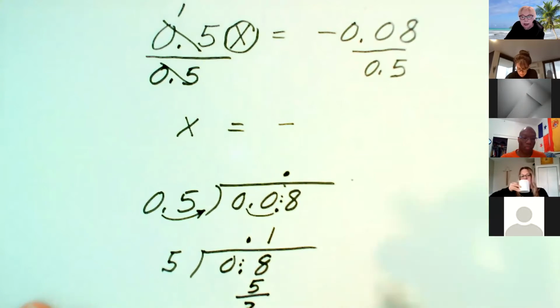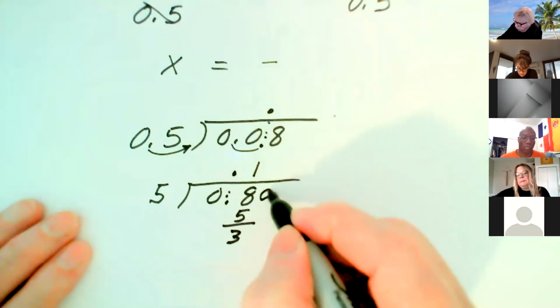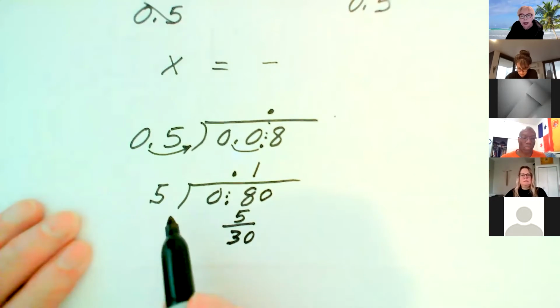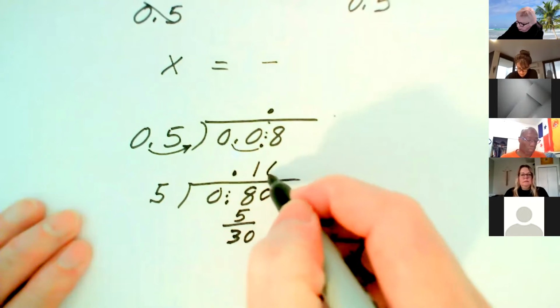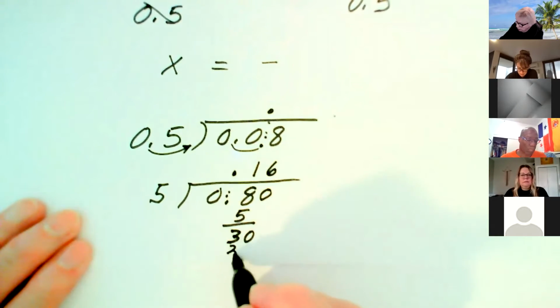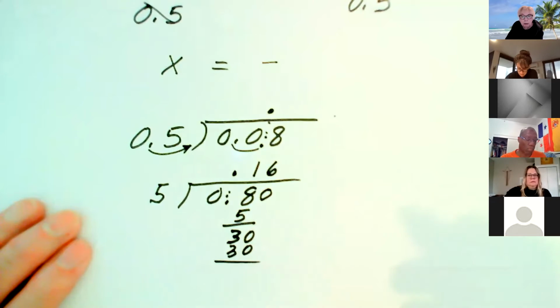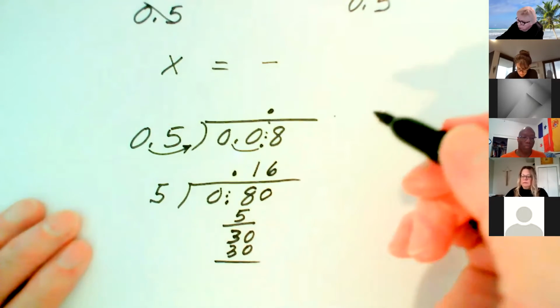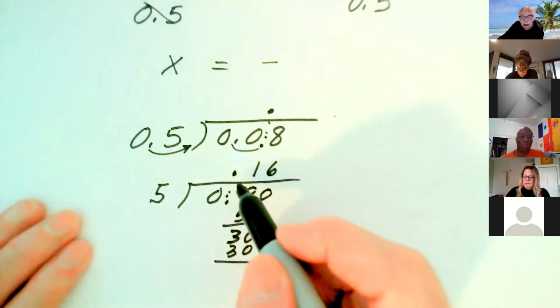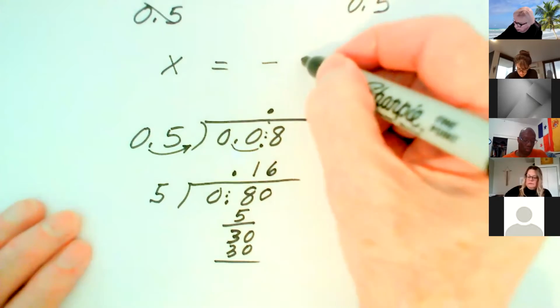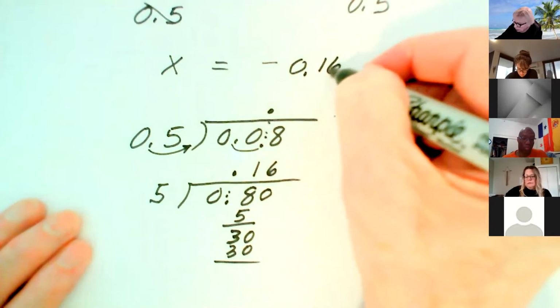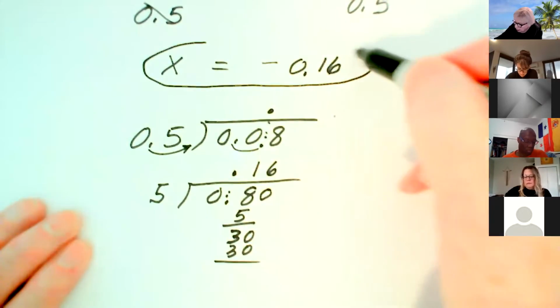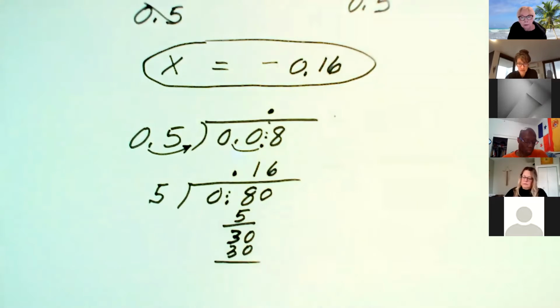And when I subtract, it's 3. Let me try to move that a little bit. If I add one more 0, I would have 5 into 30 is 6. And this is 30. And then there's 0 remainder here. So my answer was decimal point 16, 0.16. And so that was what had to be done.